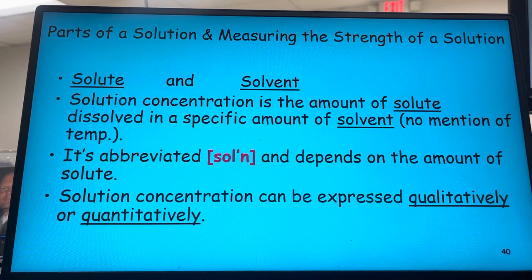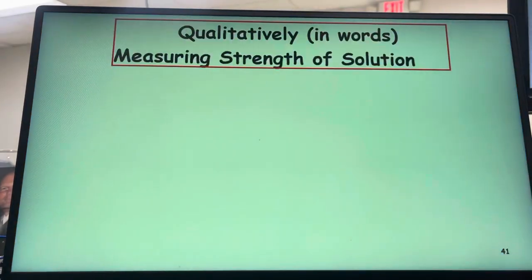It can be expressed qualitatively, like color or even taste. Like you have a concentrated tea, a strong iced tea or a weak iced tea, a very sugary drink or not a sugary drink. Okay, you have those types of qualitative qualities, or you can quantitatively, and that's the mathematical portion of it, determine the concentration.